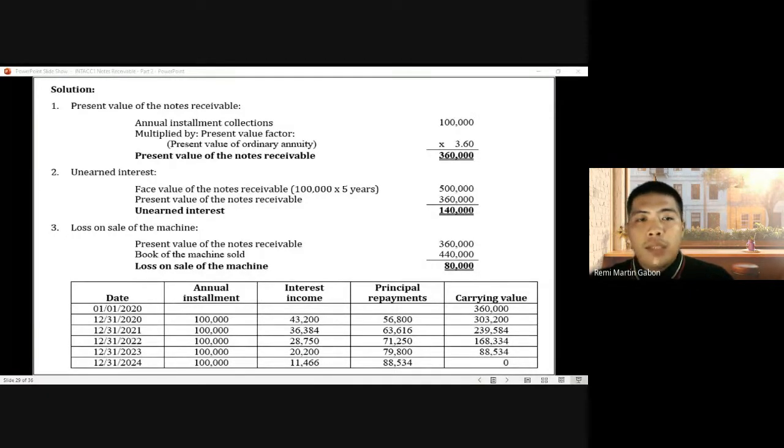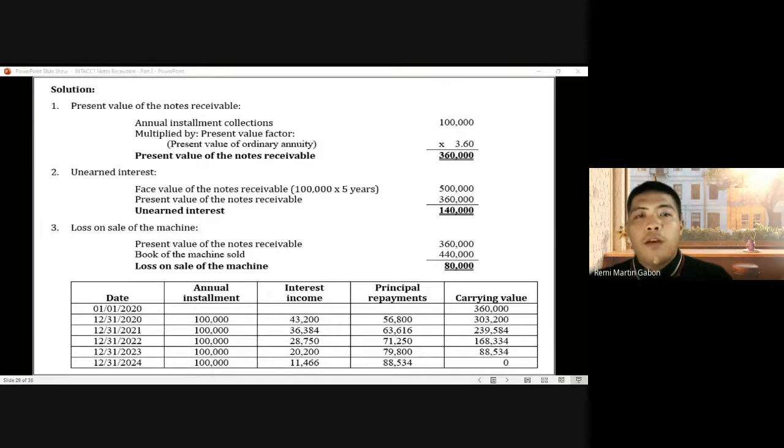Then 100,000 minus 43,200, we come up with 56,800. So how do we compute 303,200? Two ways again.